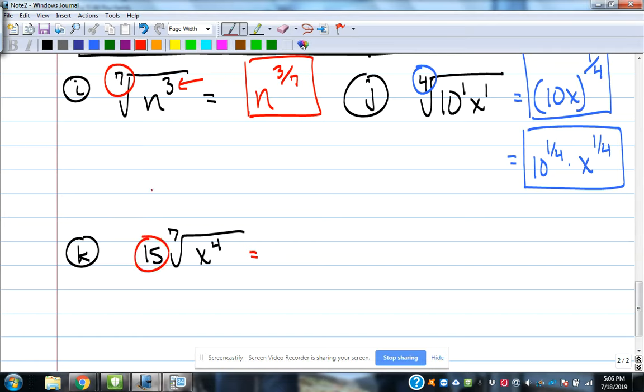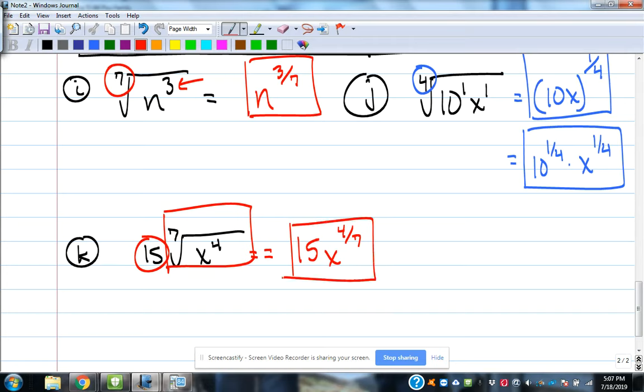No, because it's on the outside, right? It doesn't even have any, it's just hanging out, watching what's happening. So this part is the only part that's going to convert over into a fraction exponent. So it'd be x to the 4/7, and then the 15 is just in front, multiplying times it. There's a little bit of a change up on you there when they put those numbers out in the front. Can really mess with you.